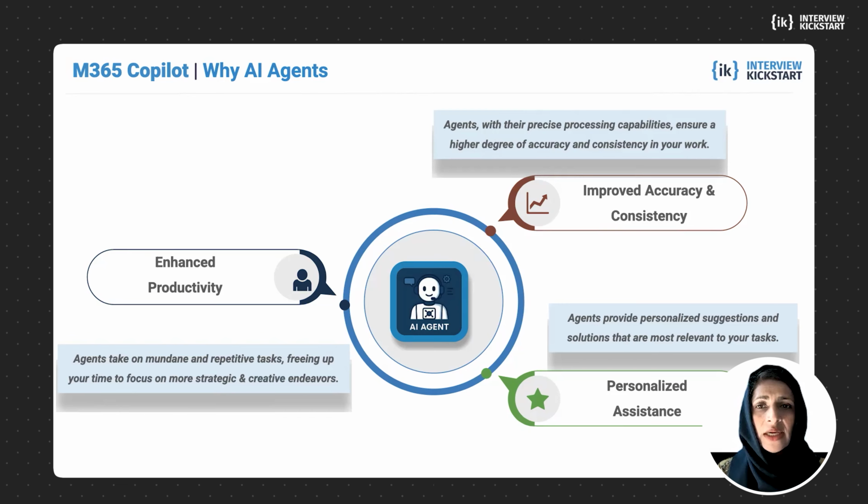By automating repetitive and mundane tasks, agents free up your time so you can focus on more strategic and creative work. Again, for example, imagine you're managing multiple job applications. An AI agent can track deadlines, send reminders, and even draft follow-up emails for you. This will allow you to concentrate on the most important thing, which is interview preparation and networking.